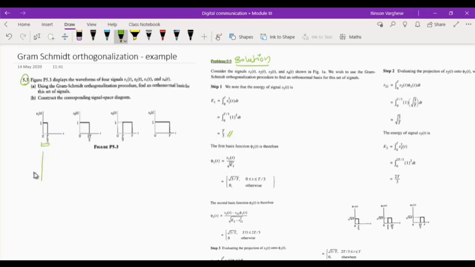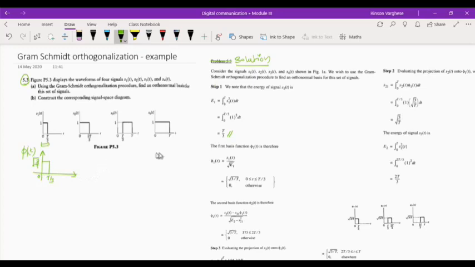So for phi 1 of t, you need to divide this signal by root T by 3. So this will become 1 divided by root T by 3, that is root 3 by T. That will be the amplitude of the signal, and it extends from 0 to T by 3.